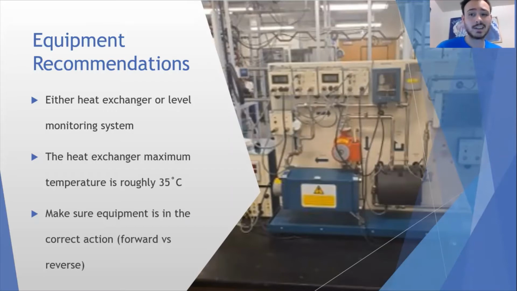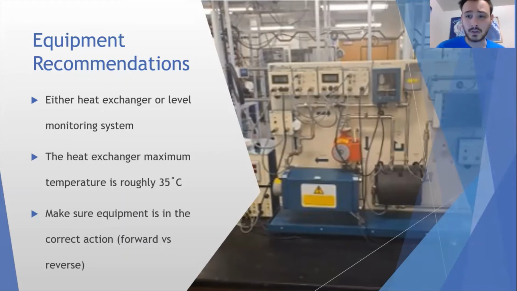This is because the heat exchanger itself can only go up to around 35 degrees Celsius. If you have temperatures above this, the change will be very slow when you go above it. And as you go lower than that, it tends to speed up, but it gives you inaccurate data. Luckily, the water level system does not have this issue, so you are allowed to do it at any point in your set parameters.